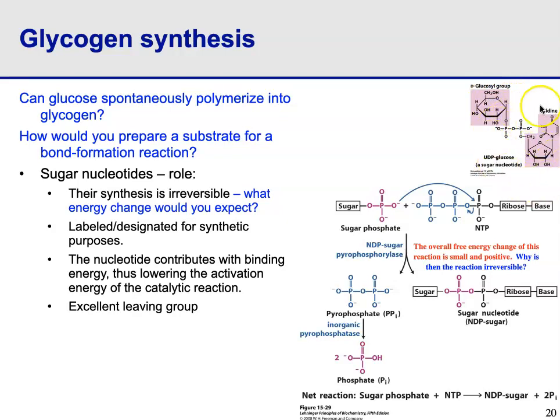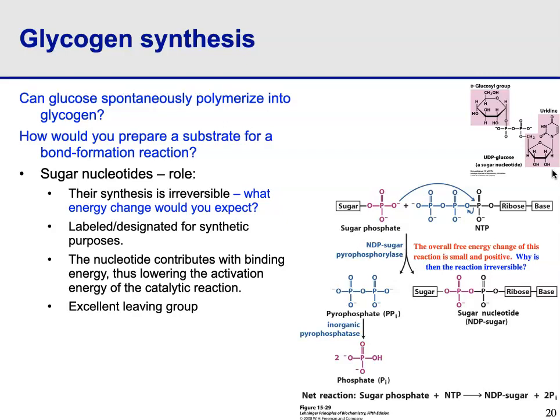That extra surface that the nucleotide adds also provides binding surface with the active site. Providing more binding surface with the active site allows for better binding with the enzyme and lowers the activation energy for the catalytic conversion, or for the addition later on of this glucose to the growing glycogen molecule.